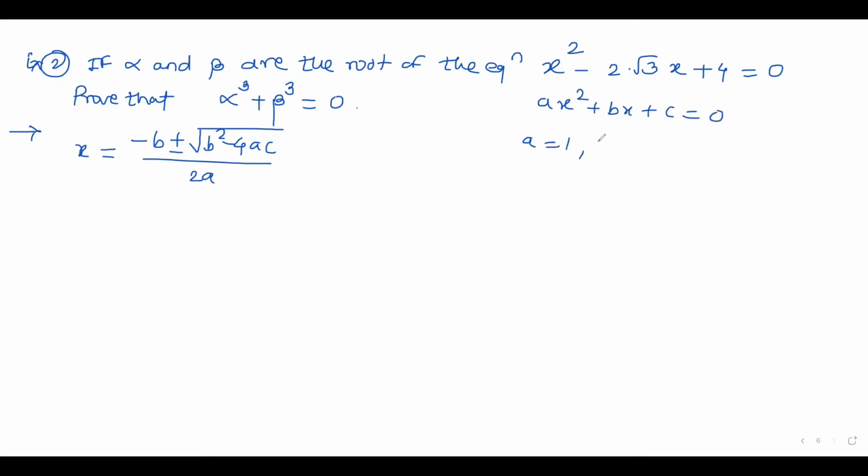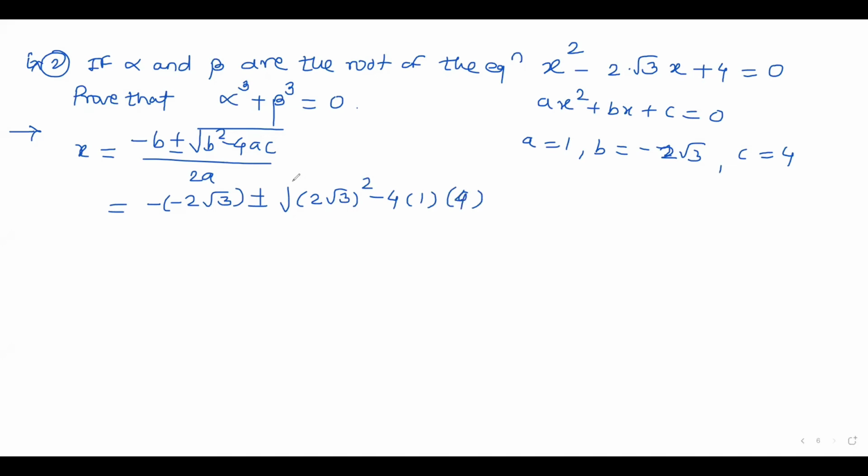A is 1, b is minus 2 root 3 and c is 4, and therefore the roots will be minus b, that is minus of minus 2 root 3, so that will be nothing but 2 root 3, plus minus under root b square, that is 2 root 3 whole square, minus 4 into a, that is 1, into c, that is 4. Divided by 2 into a.